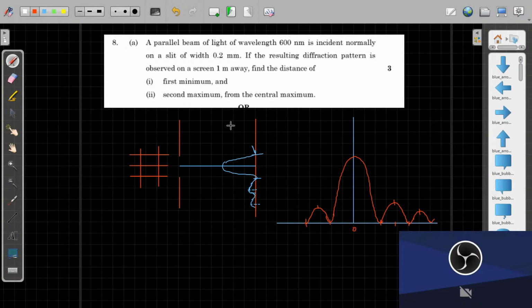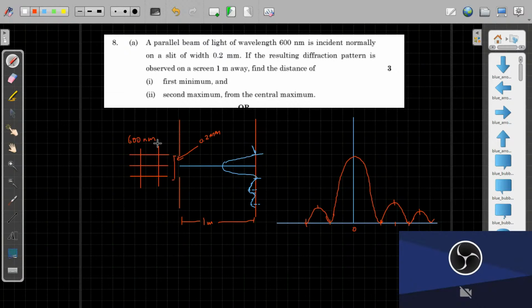We'll do it. So the question says a parallel beam of light of wavelength 600 nanometer is incident normally on a slit of width 0.2 millimeter. This distance is 0.2 millimeter. The resulting diffraction pattern is obtained on a screen 1 meter away, this is 1 meter. Wavelength is 600 nanometer.